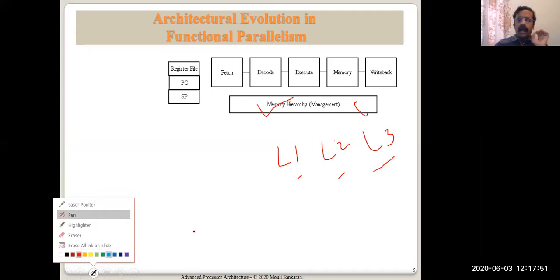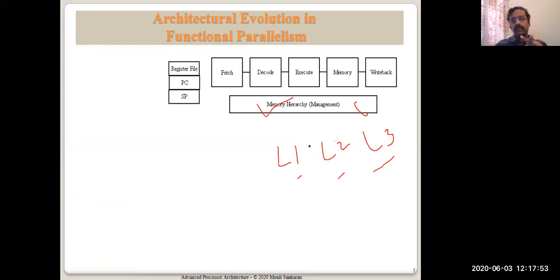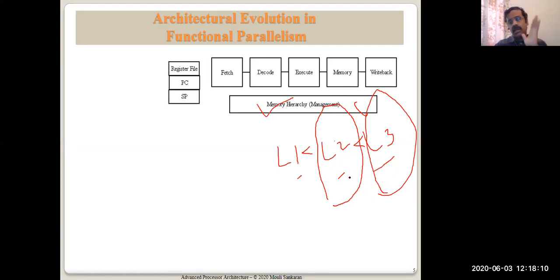And one more thing, size also will be like this. This size will be lower than this. And one more thing, unified. Suppose I say L2 is unified, I cannot have L3 as a separate instruction and data cache. Unified, once it starts off, it has to continue.